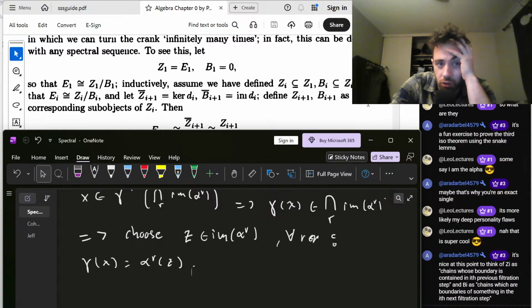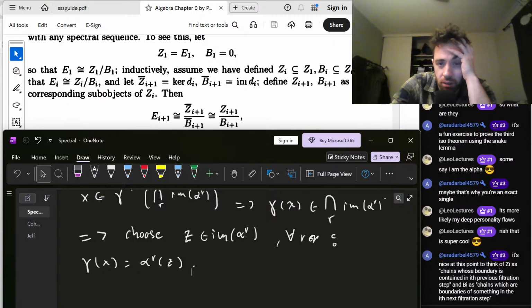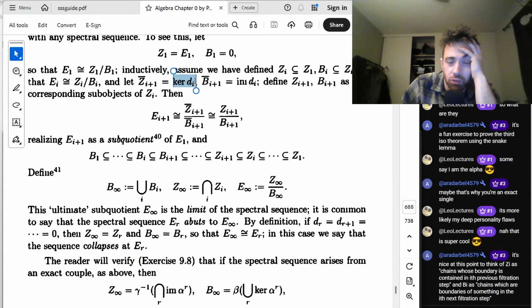I'm not quite sure I see it. I feel like it's right here because of how we choose these. I'm just not sure the right way to articulate it.